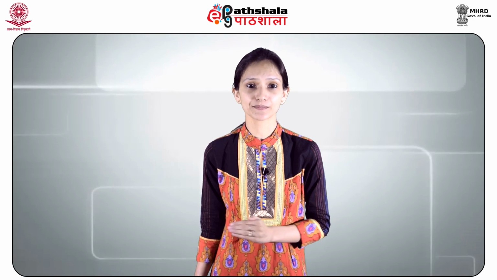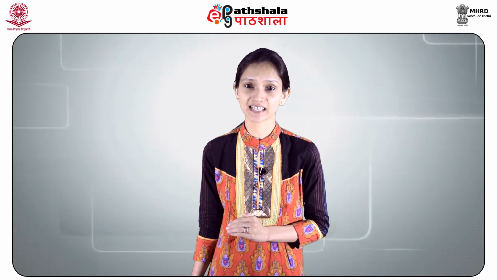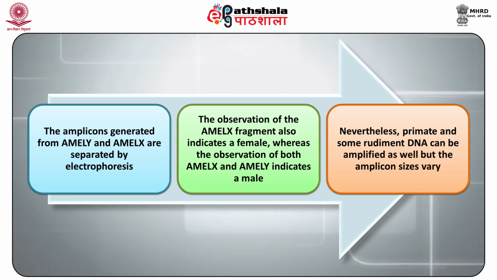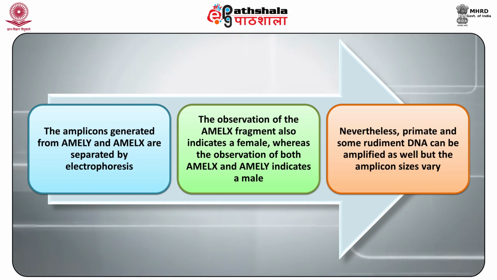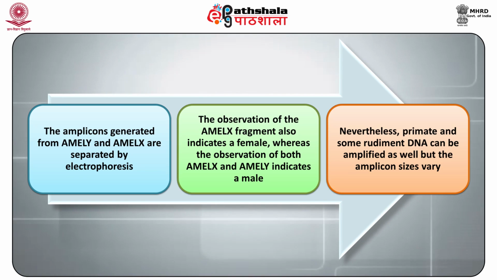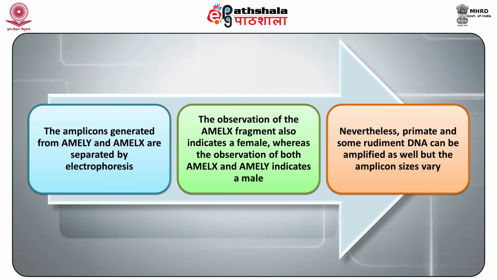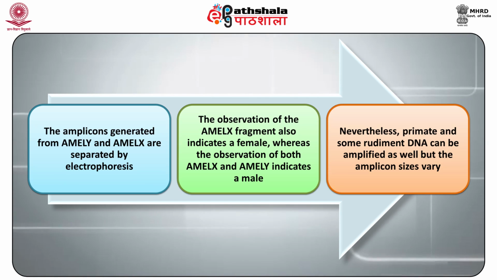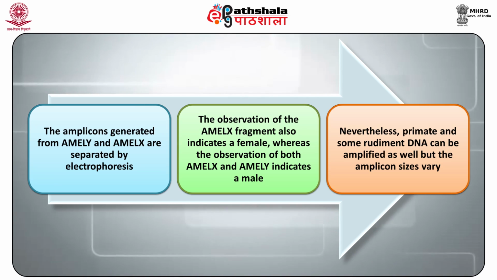Primer sets were developed to amplify both alleles in a single PCR by the Forensic Science Service in the United Kingdom in 1993. The amplicons generated from AMELY and AMELX are separated by electrophoresis. The observation of only the AMELX fragment indicates a female, whereas the observation of both AMELX and AMELY indicates a male.